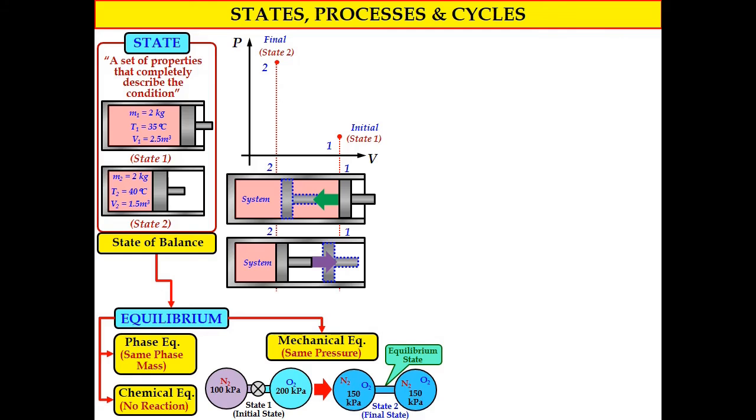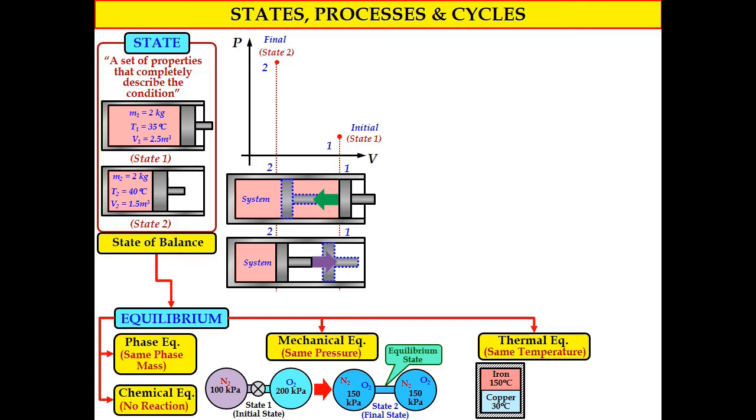Okay, so the state 2 in this example is considered the equilibrium state. The last one is thermal equilibrium, where we have the same temperature, as we mentioned before when we discussed temperature. We have two types of metal with different temperatures. This is the initial state, or state number 1, where the iron temperature is 150 degrees Celsius and the copper temperature is 30 degrees Celsius.